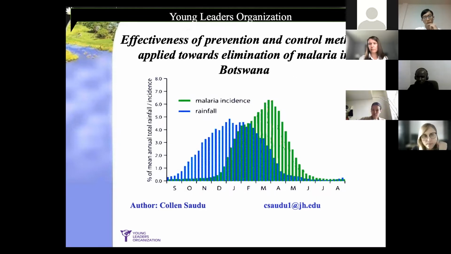There's a question whether the success story of 2008, when the number of cases was reduced from about 4.2% to about 1.1%, almost less than 1%, was due to the control methods or due to the drying weather. In this study, we are able to conclude that the success story of 2008 in Botswana was basically because of the drying weather, not because of the control methods applied.